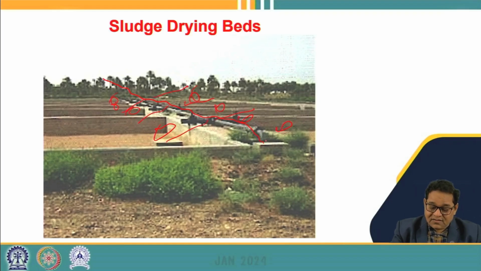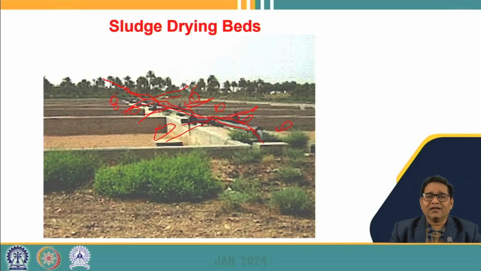These are the sludge inlets through which the sludge enters into the different beds, first entering the longitudinal sludge inlet pipes. From here these are the outlets for the different sludge drying beds.